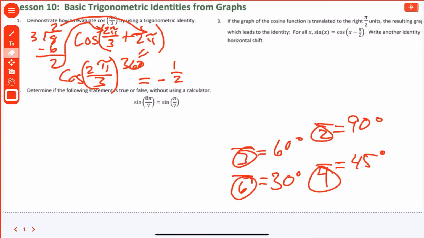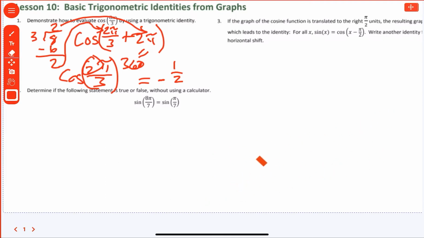And whether it's 2 pi, like here, well, that means your second pi over 3, which means your second reference angle of 60 degrees. And that second reference angle is going to be in the second quadrant. Okay, maybe that makes some sense. But that's a little cheat for you.